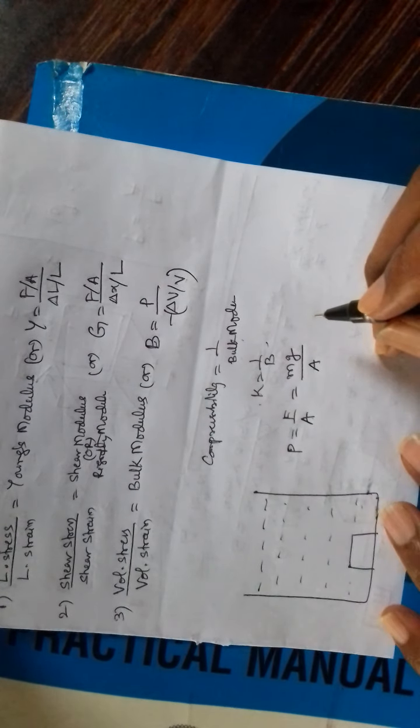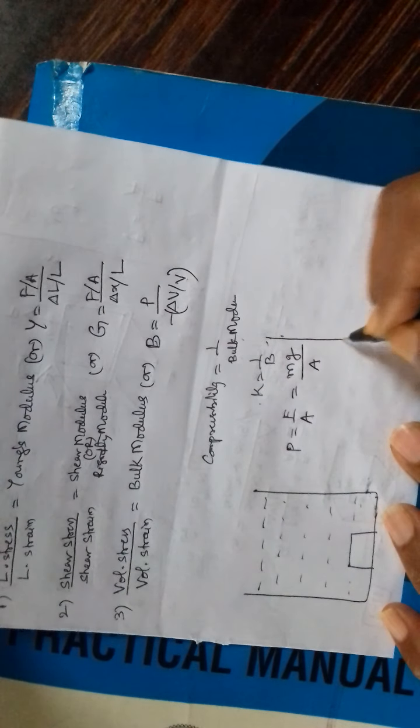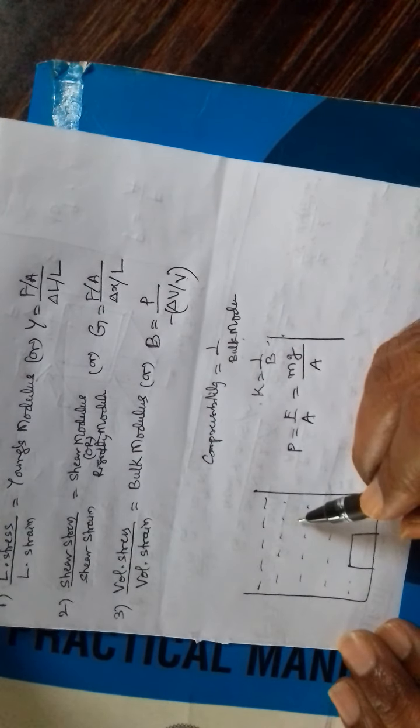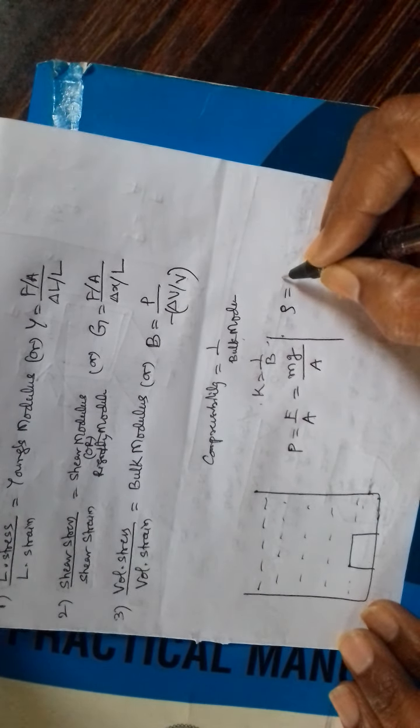So what is the weight of the water? Simply F means mg. This is the weight of the water by A, where A is the bottom surface area. Now, any fluid has a density, and density is defined as mass by volume.